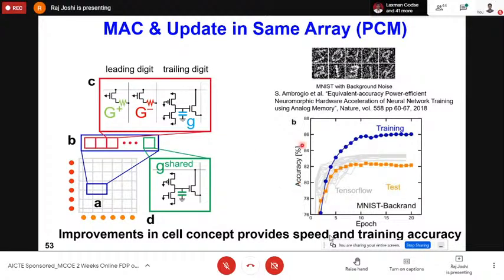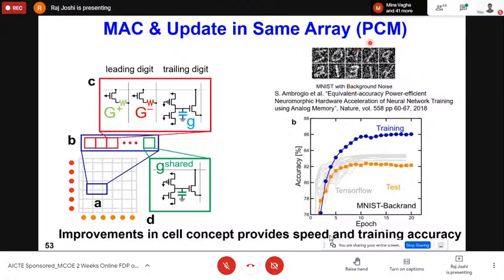So accuracy plotted as a function of epoch, you can see the training accuracy is pretty decent. It is compared against TensorFlow, which is the common platform used in the literature, and it compares the inference data to this TensorFlow data reasonably well.